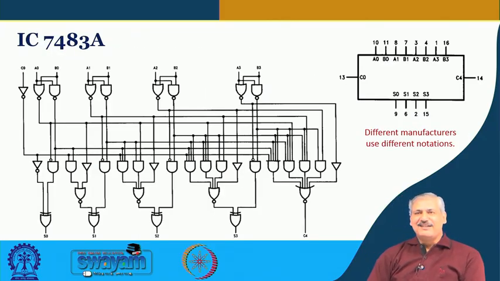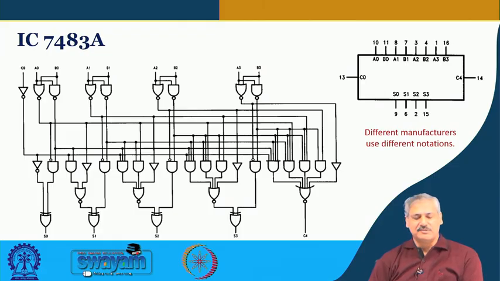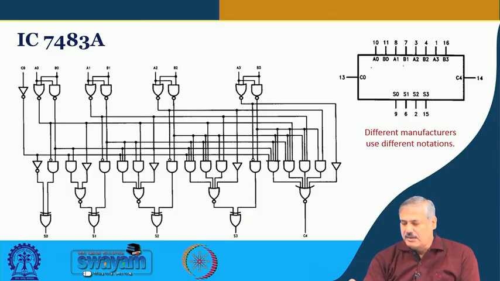This is a commercial IC, IC 7483 A. You can search and you can see there are other ICs also, like 74283, which do 4 bit fast addition, and different manufacturers have different ways of representing the numbers. Here A0, A1, A2, A3 and B0, B1, B2, B3 are mentioned, and the output is S0 to S3, the same nomenclature we have followed.